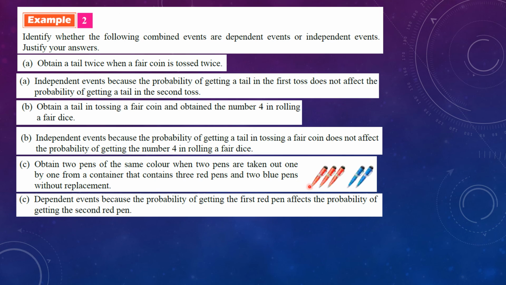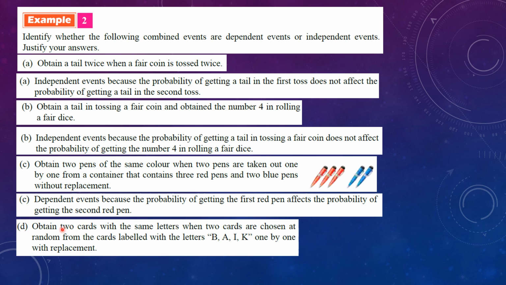For example, the first time if you get a red pen, it becomes 3/5. So the second time, the probability of getting a red pen is 2/4. So the second probability depends on the first probability. So that's why it is dependent.